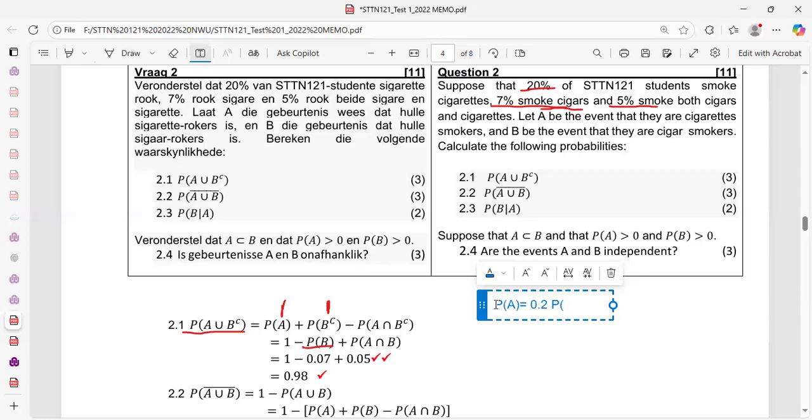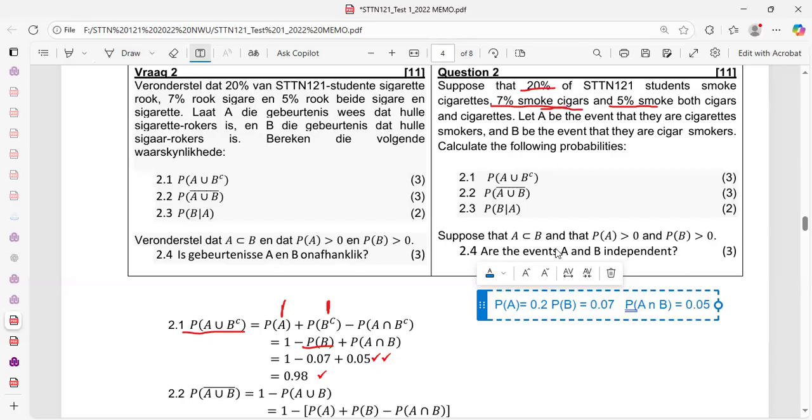Then for the probability of B, they said let B be the event that they are cigar smokers. When you check the statement, they said 7% smoke cigars, which is for B, which is equal to 0.07. Now the probability of A intersect B is, they told us, 5% smoke both cigars and cigarettes, which is 0.05. Interesting question.